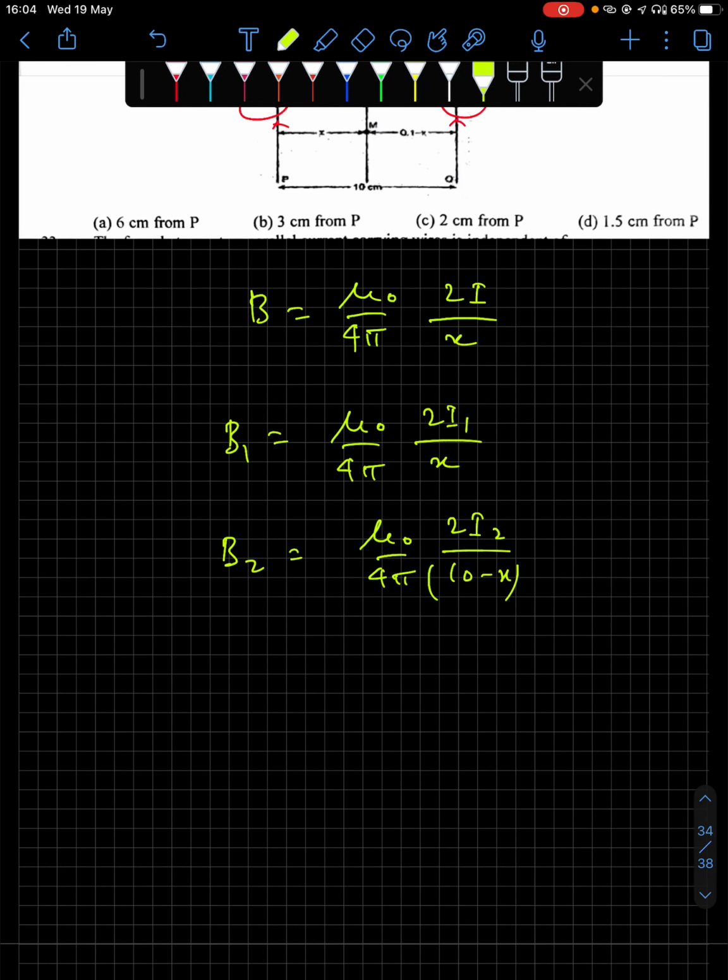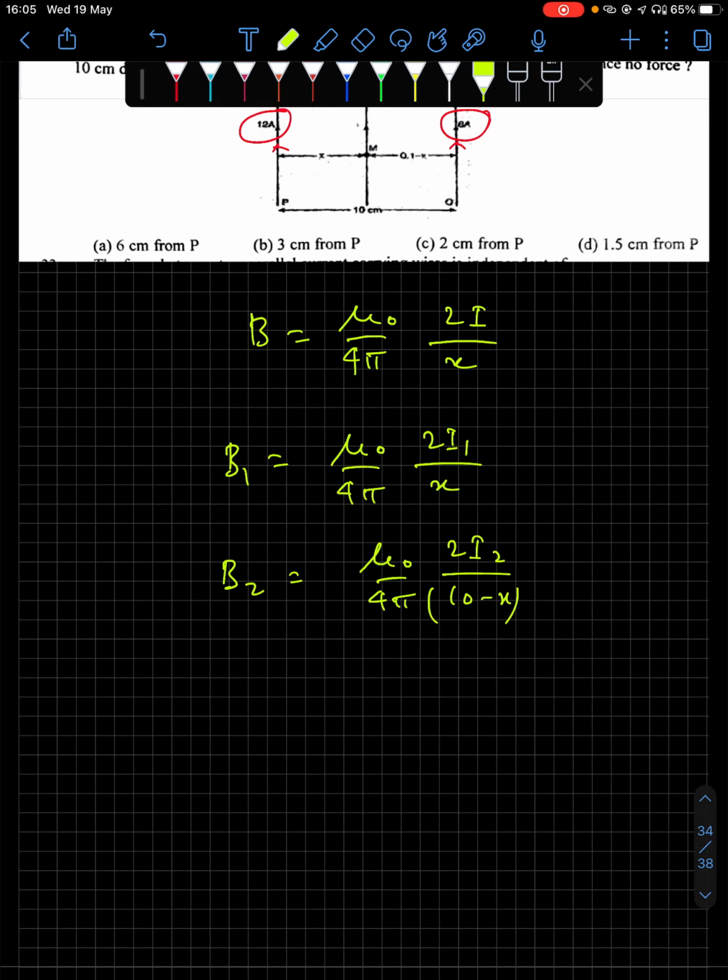In the solution I shared previously, I might have converted and written down the value. Let's do it without conversion, I guess it will get you the same result. So for the third wire to experience no force, B1 should be equal to B2.